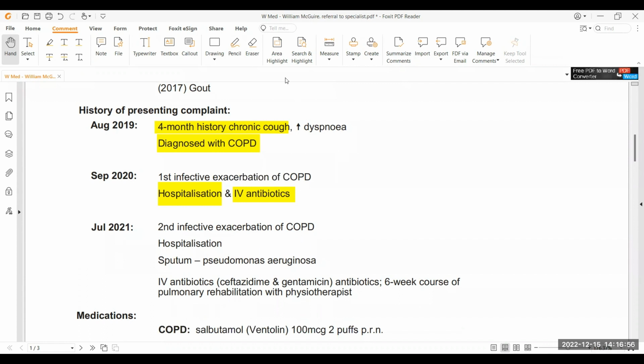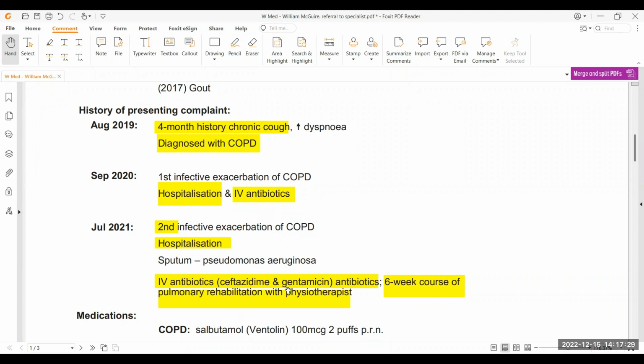It was a second exacerbation of COPD and also hospitalization with IV antibiotics, followed by a 6-week course of rehabilitation with physio. It will be mentioned as well. So we could see here that he was also managed with antibiotics, similar to the first hospitalization in September 2020.